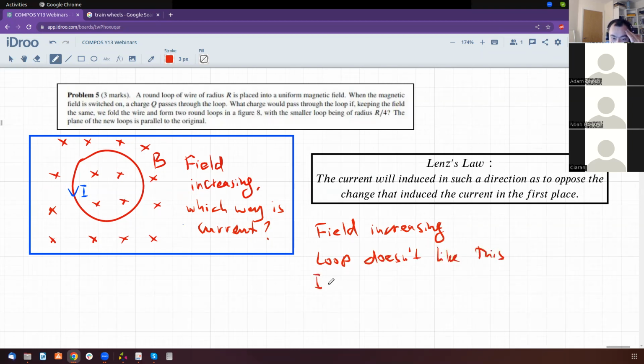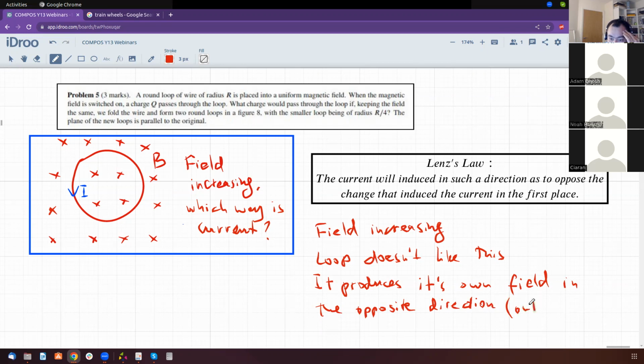It produces its own field in the opposite direction. Opposite direction. Out of the page.